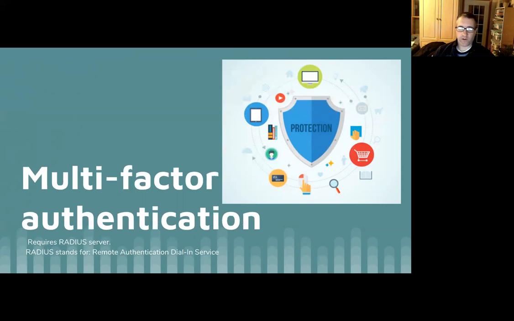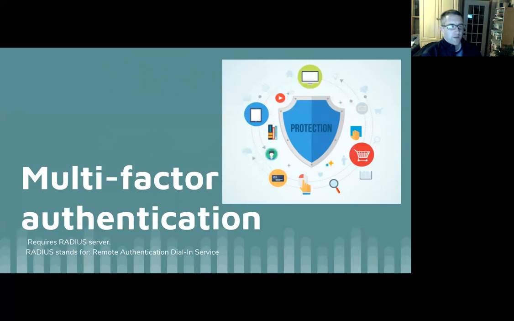WatchGuard offers two-factor authentication. It allows you to set up a RADIUS server, which is a Remote Authentication Dial-In Service, as stated here. That's basically a Microsoft server. It's called a RADIUS server, but it's a Microsoft service that allows you to create that information.